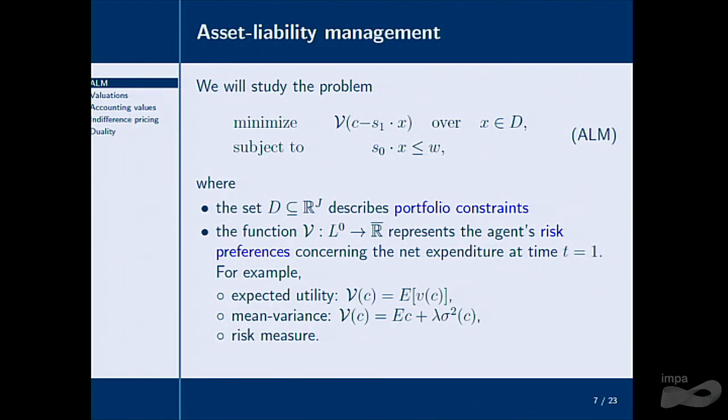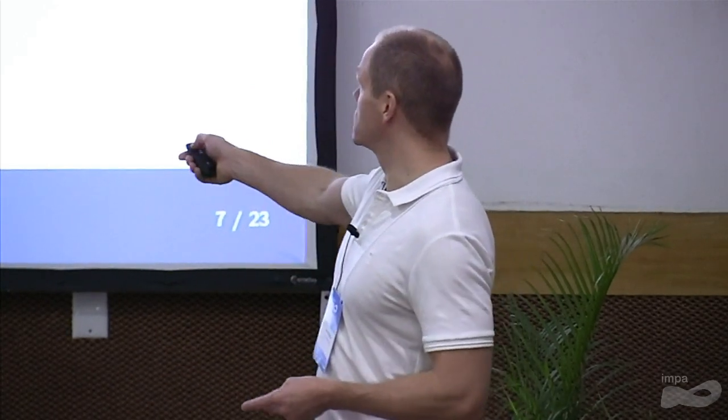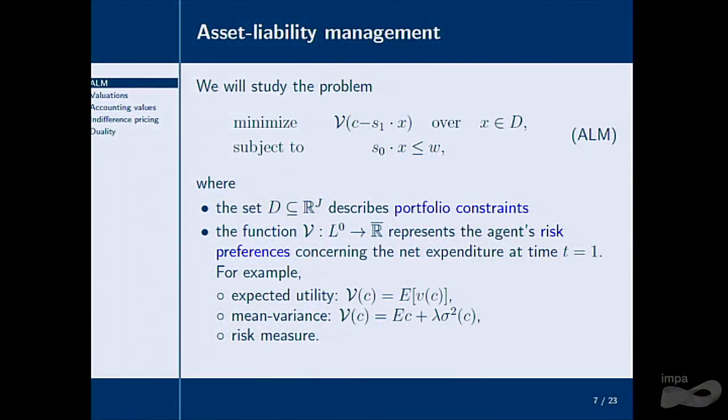V here is just any risk measure, any function from the space of random net claims to the extended reals. I do want to allow extended reals so that I can cover, for example, super hedging. That corresponds to the case where the agent is as risk averse as you can get, which is when the agent becomes infinitely unhappy if there's any positive probability that this guy here is strictly positive.